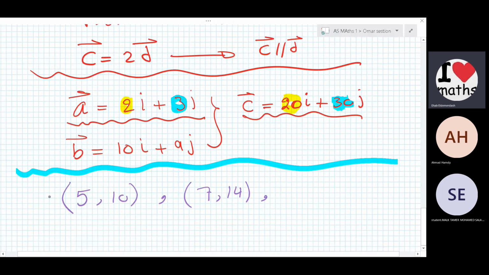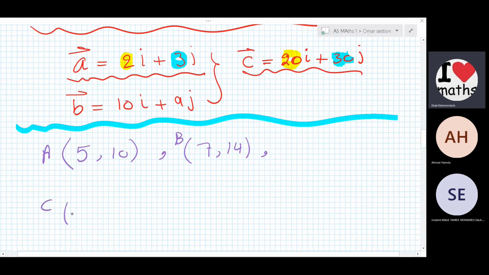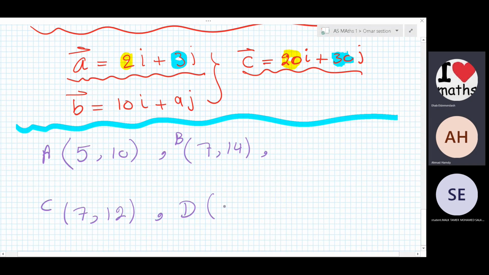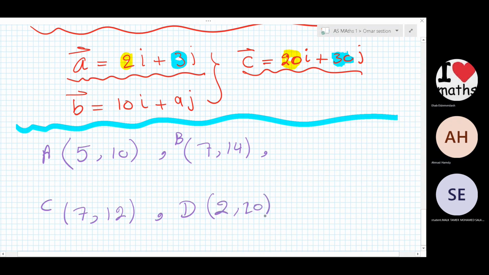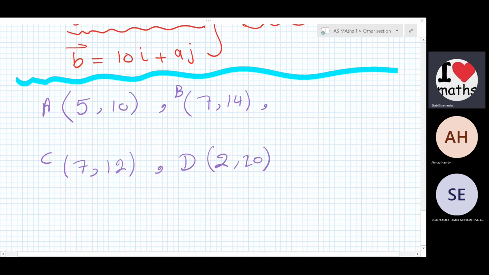This is point A and this is point B. There are another 2 points: C, which is 7 and 12, and point D, which is, let me say, 5 and 20. No, make 5 into 2 and 20.